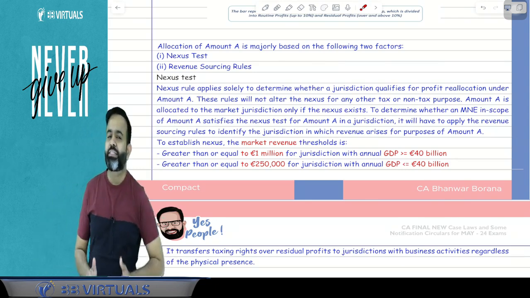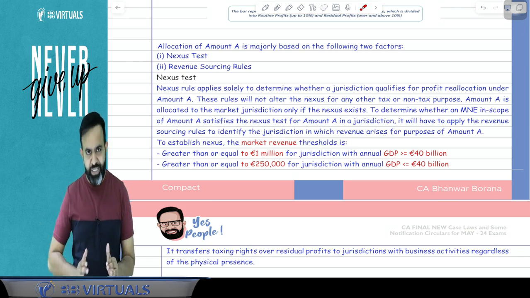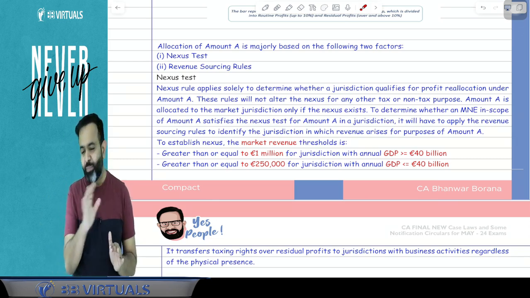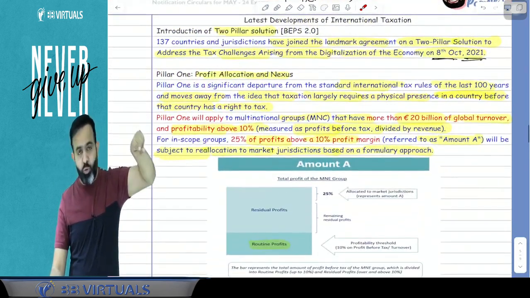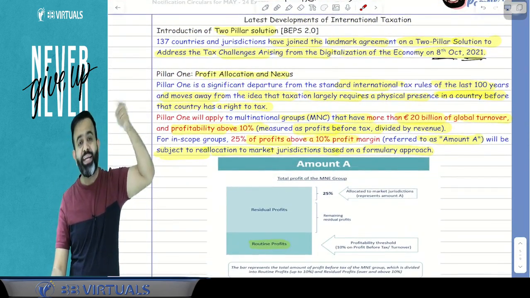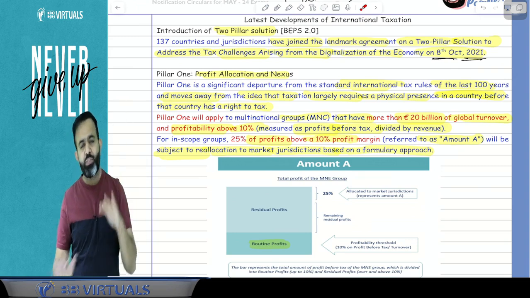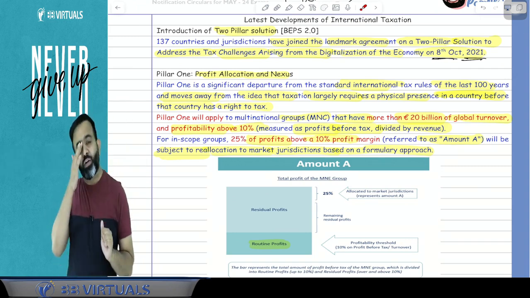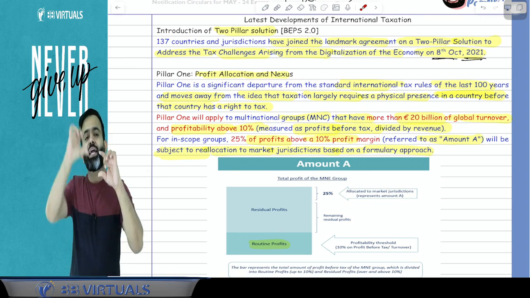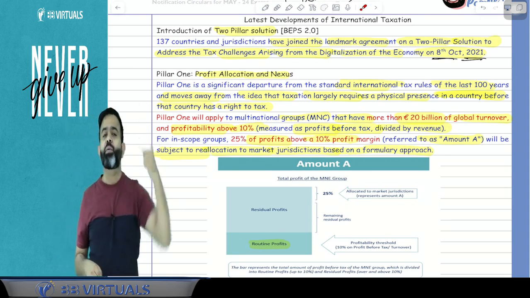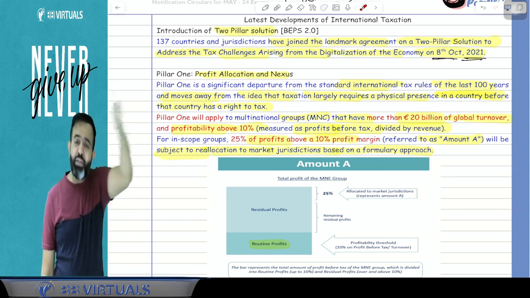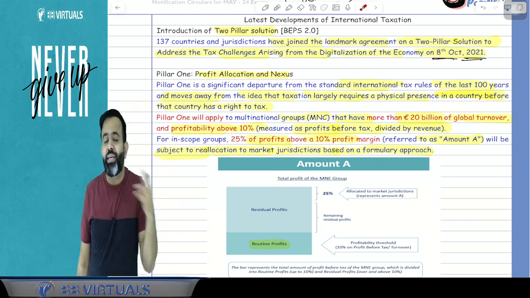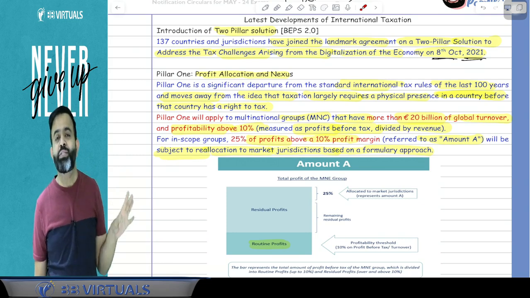They are saying that if there are any multinational companies whose global turnover is more than 20 billion euros and whose profit is more than 10%, where 10% is a routine profit, then in excess of 10%, out of the excess profit, 25% will be allocated to the other countries, even if they don't have any physical presence in those countries.